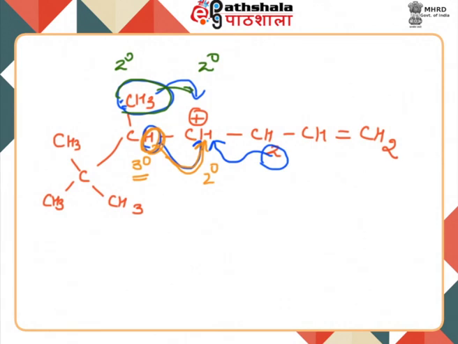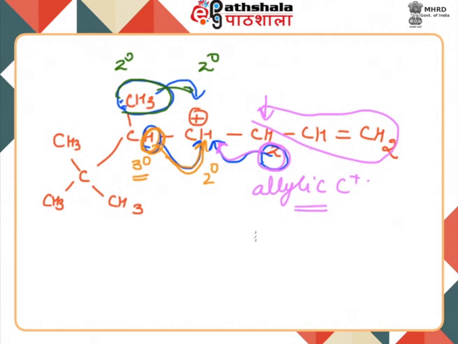And if we take this route, that is this hydride we shift here, then you are going to get a carbocation here, and notice that this will be in conjugation with the double bond, and this actually will be the allylic carbocation.